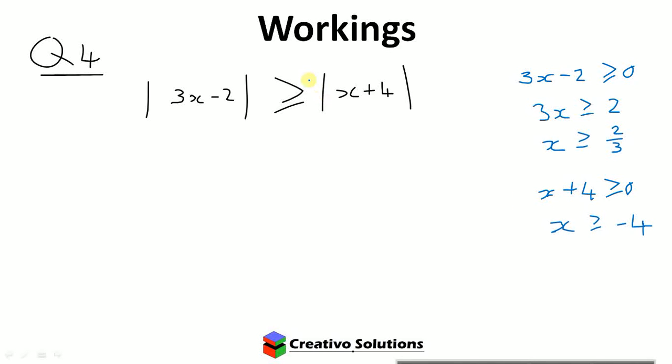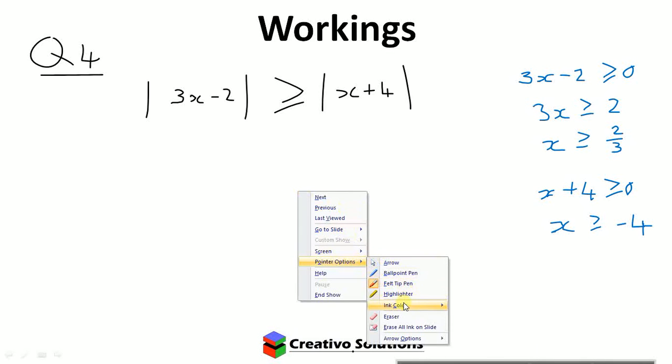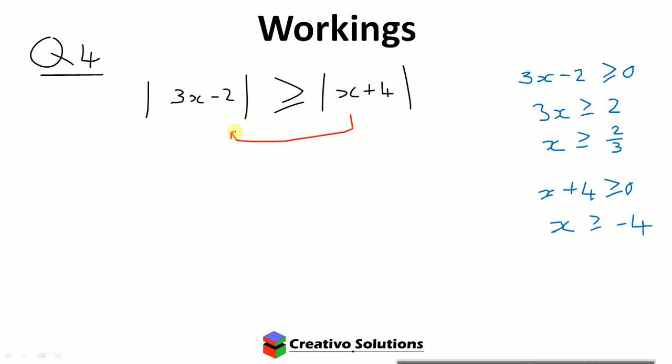Okay, now what? I need to look at both together. So that's the first part, look at the absolute value. Second part, take this to that side. So I'm going to have 3x minus x minus 2 minus 4 greater than or equal to 0. So 3x minus x is 2x.